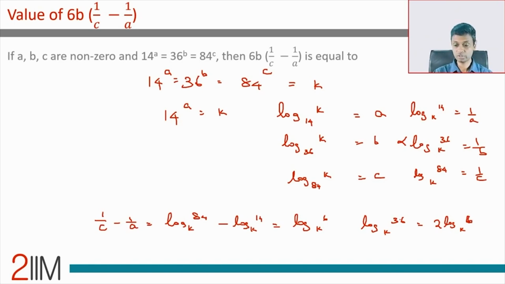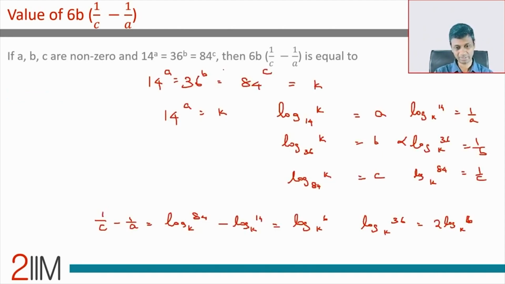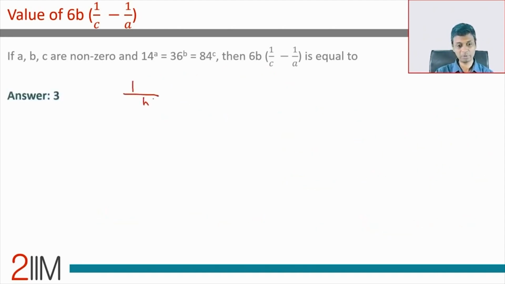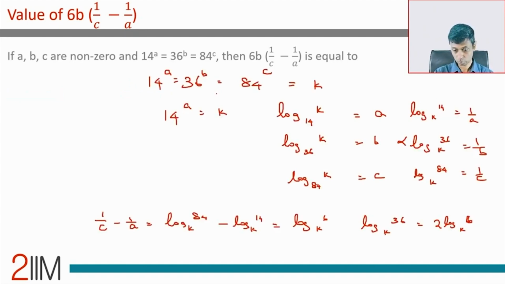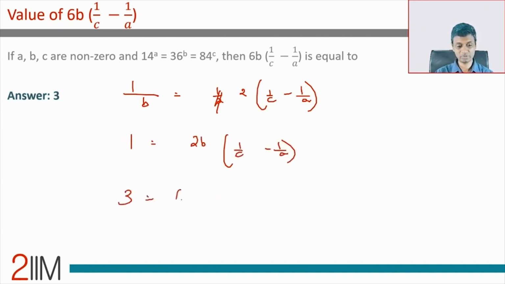And so we're going to go to the next slide: 1 by b equals 2 times 1 by c minus 1 by a, or 1 equals 2b times 1 by c minus 1 by a. What is 6b? 3 equals 6b times 1 by c minus 1 by a.